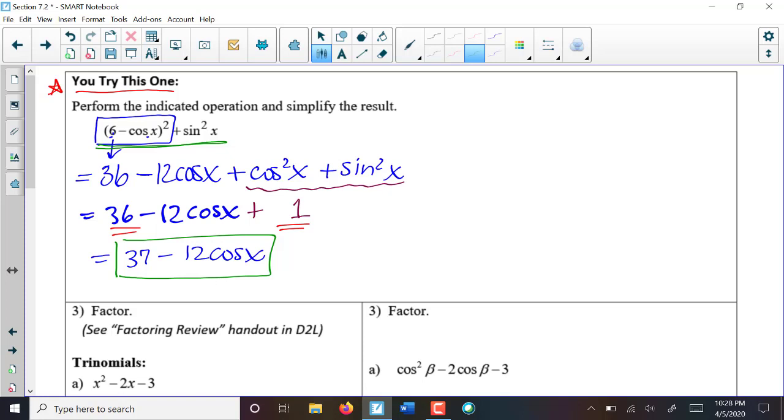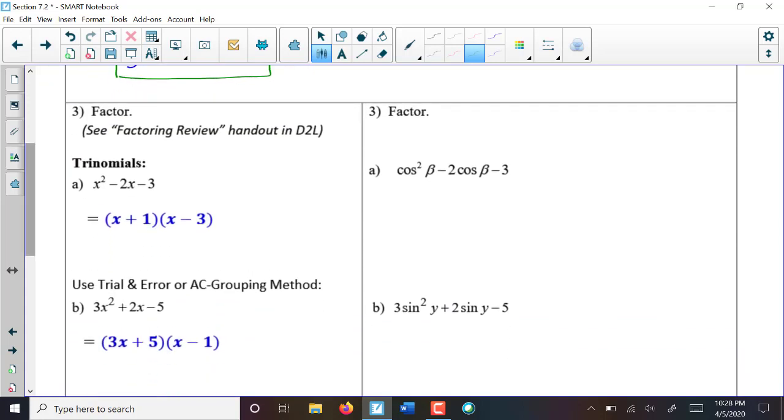Okay, so now factoring. This will come in handy in 7.6 when you're solving equations. So most people are pretty good at factoring these trinomials. Remember, a trinomial in this form, the form we say ax squared plus bx plus c, highest power is 2, descending order. If it's factorable, it'll always factor into two binomials.